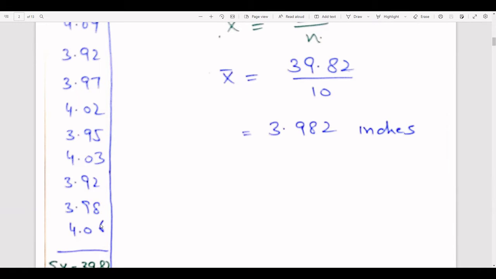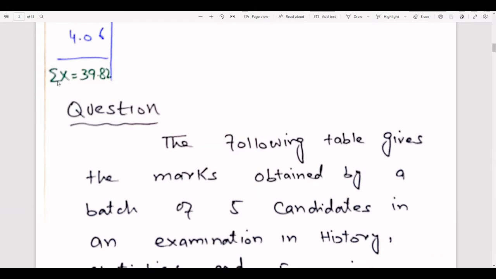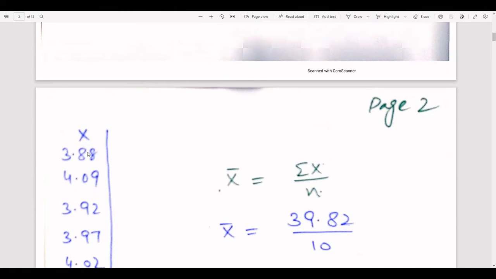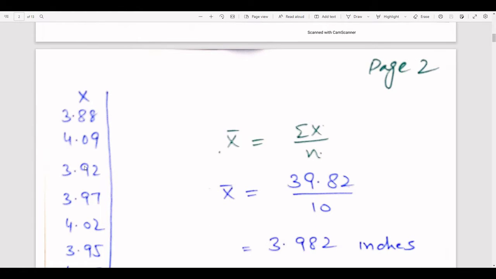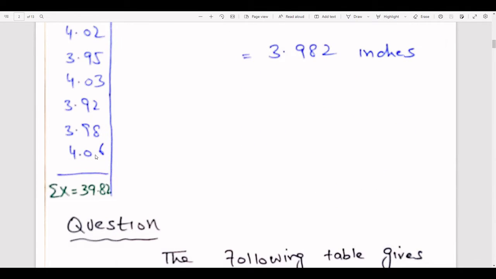When we sum these x, we call it sum of x, and in statistics we show sum by summation. Summation x is equal to 3.88 plus 4.09 plus 3.92, so on, plus 4.06. The total answer is 39.82.